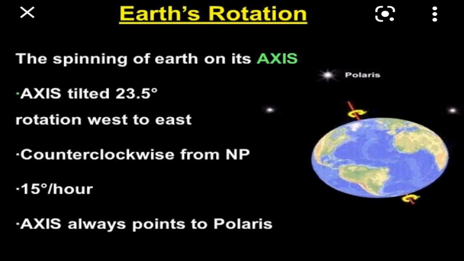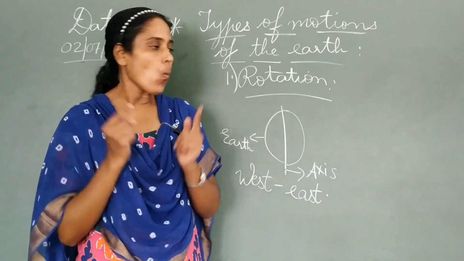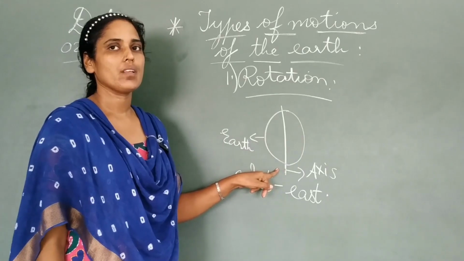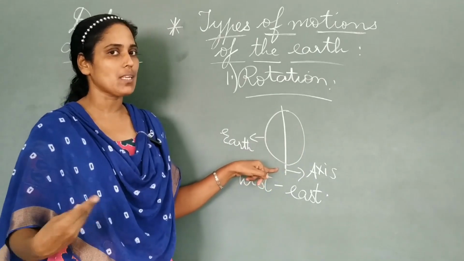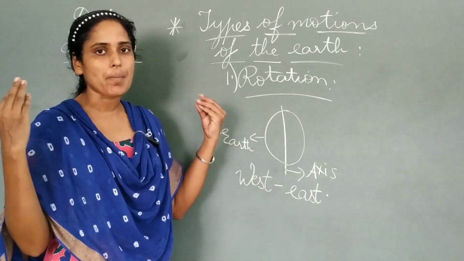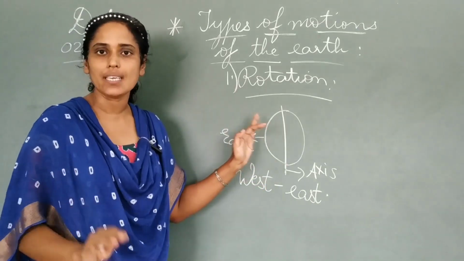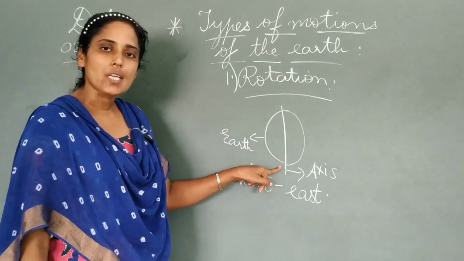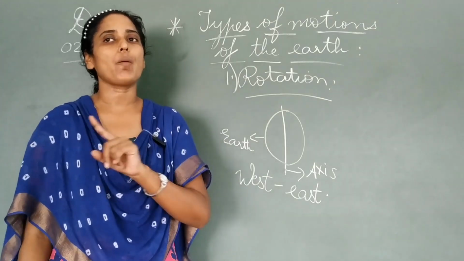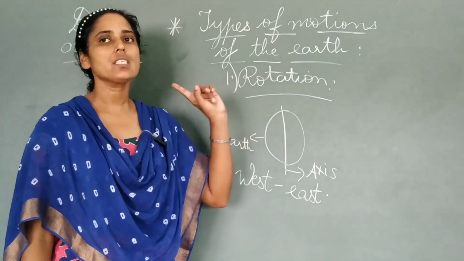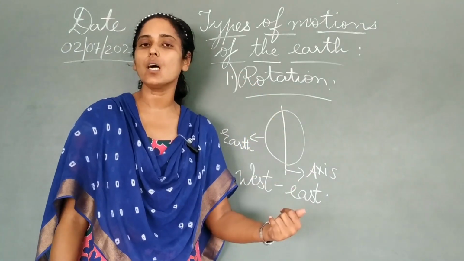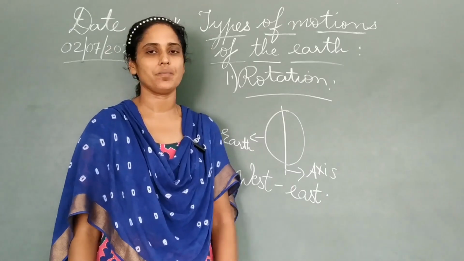It means just as a top rotates on its own axis, in the same way the Earth rotates on its own axis. All these figures are imaginary, all these terms are imaginary. In reality, you cannot see any axis on the Earth. Where will you see the axis? It is imaginary, only for measurement purpose we are studying in geography. The Earth rotates on its own axis from west to east in a circular motion. That is known as rotation. The other term used for it is daily motion.